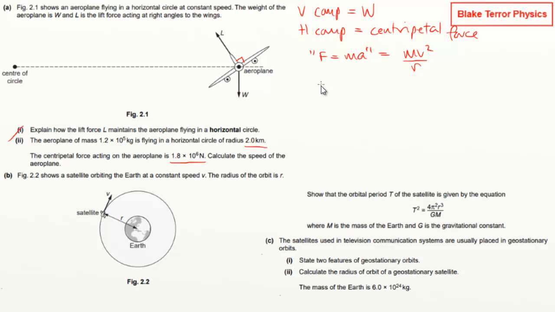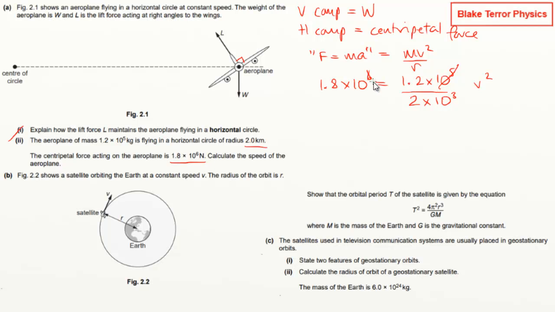So we've got the force is 1.8 times 10 to the 6. We've got the mass 1.2 times 10 to the 5. We've got the radius, which is 2 kilometres, so 2 times 10 to the 3. And that is going to be all multiplied by v squared.